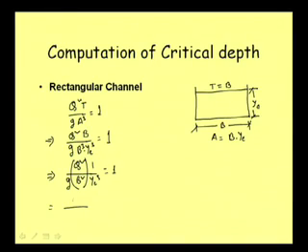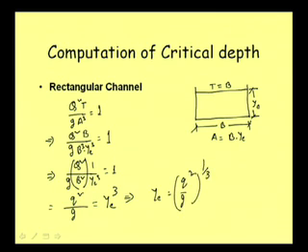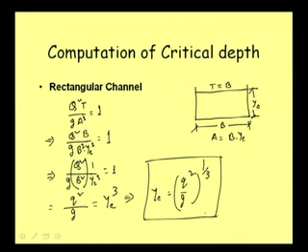So this can be written as q square by g equal to yc cube, or yc is equal to q square by g whole to the power 1/3.